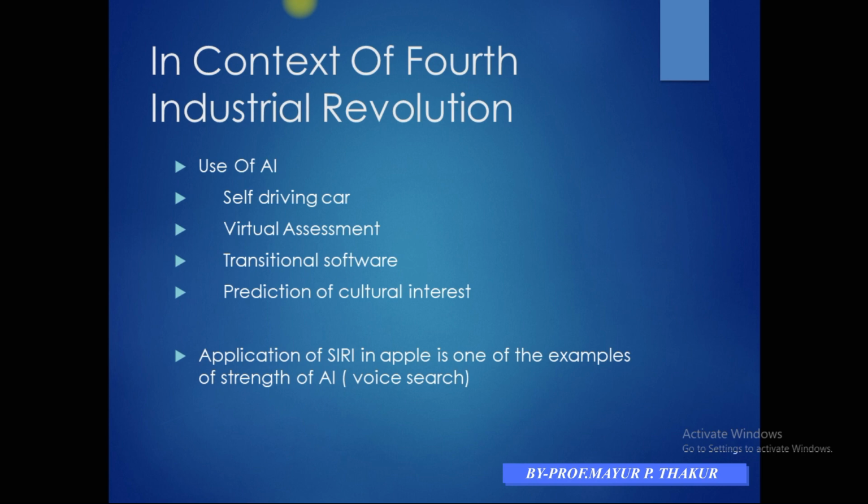Siri is nothing but an application of voice search. It is an Apple product and it uses AI techniques. Somebody speaks, and the application recognizes that voice and searches the internet for what you spoke. So these are the context for the fourth industrial revolution, that is, the use of AI.